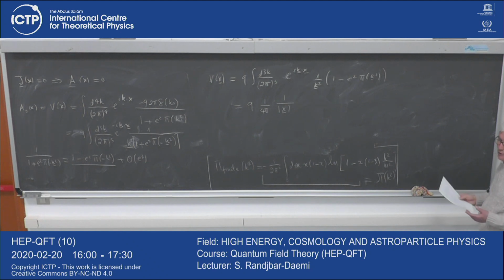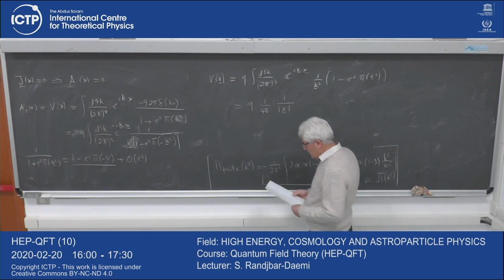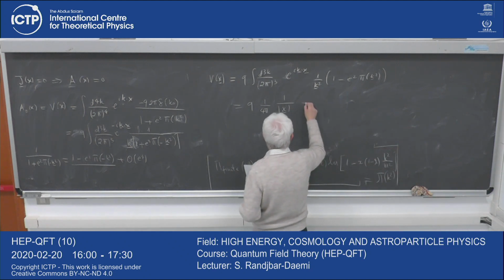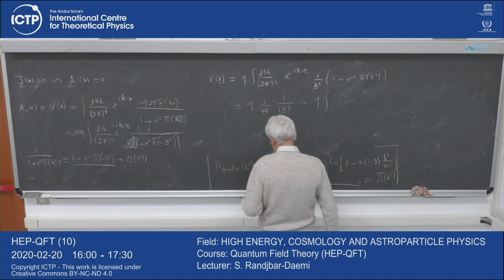Of course, our calculation should produce the Coulomb potential, otherwise it shouldn't be correct. And then there's the extra term. The extra term has also a Q in front of it.